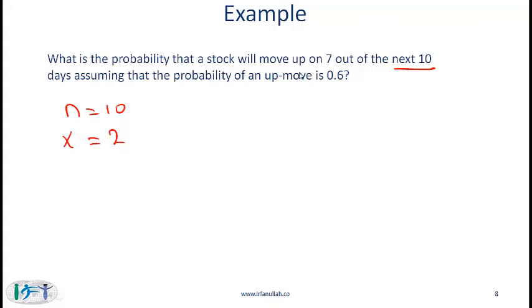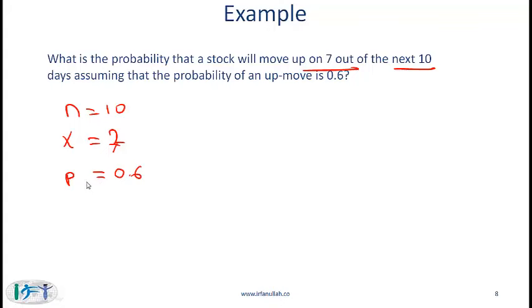The number of successes, where the success is an up move, is 7, and we are asking the question, what is the probability that the stock will go up on 7 out of the next 10 days? But unlike the previous question, now the probability of success is 0.6, not 0.5.